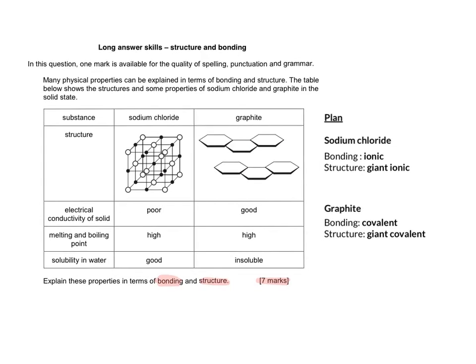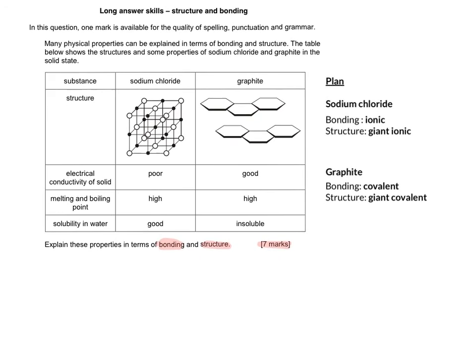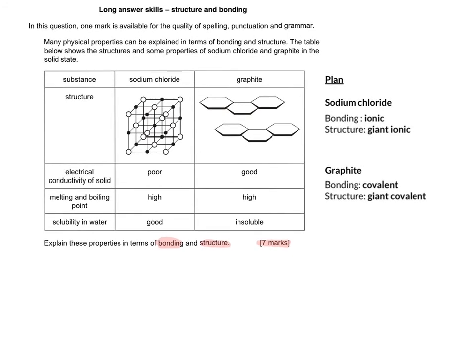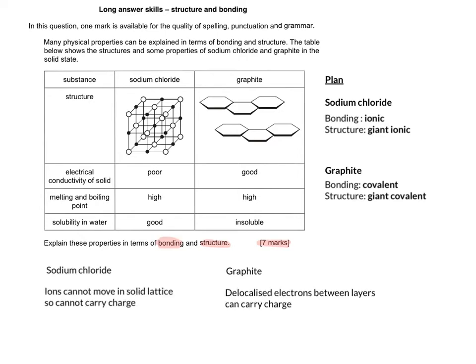If we now move the page down a little bit, we can try and plan out what we're going to say. So do 2 subheadings, which splits the job into 2 halves. Take one property at a time and explain it. So you said the delocalized electrons between layers can carry charge for graphite, and you've said that ions cannot move in a solid lattice, so cannot carry charge for sodium chloride.